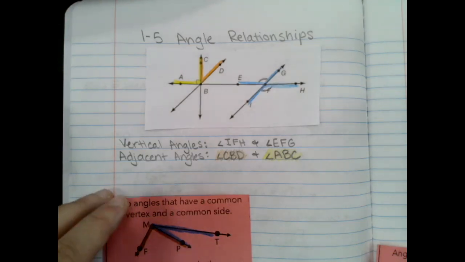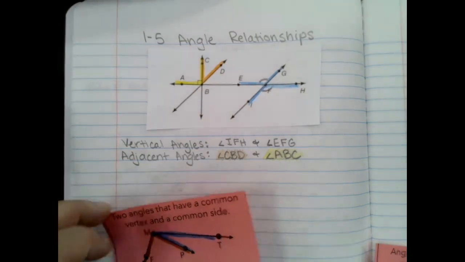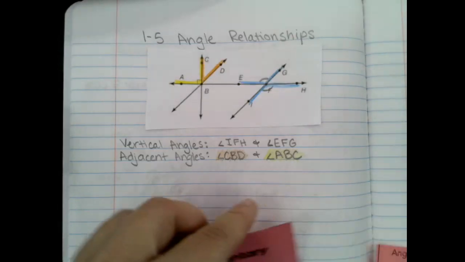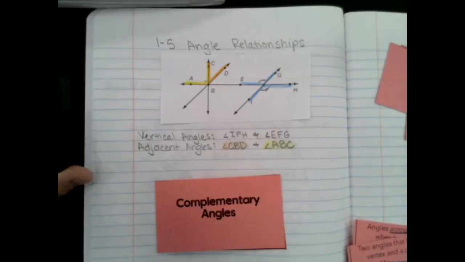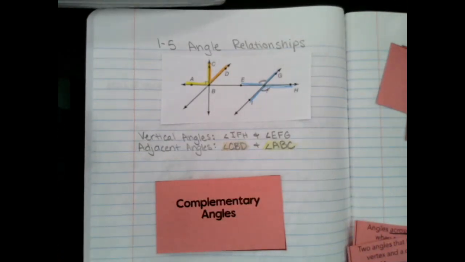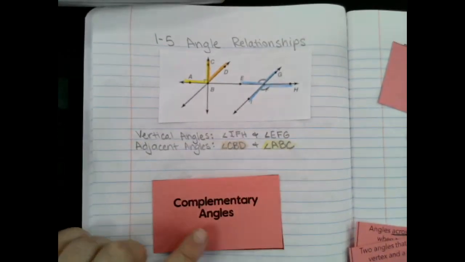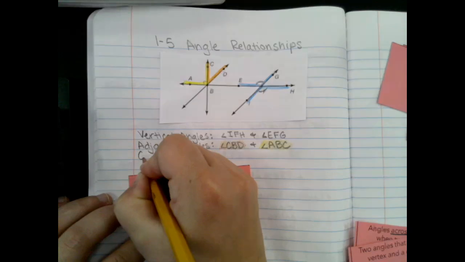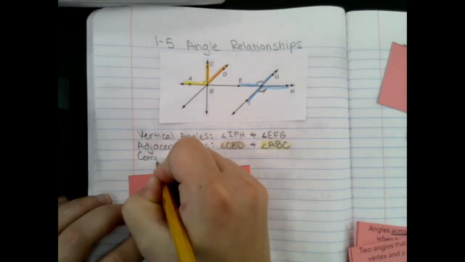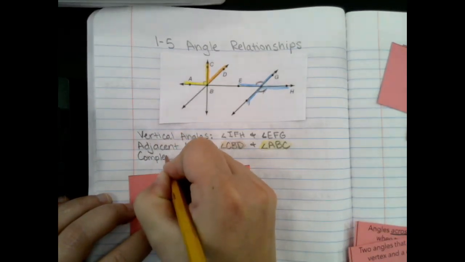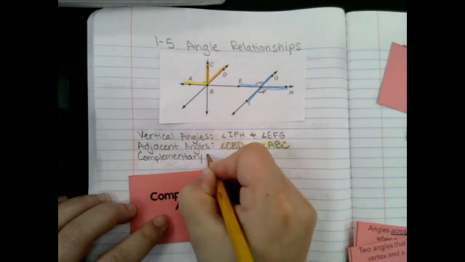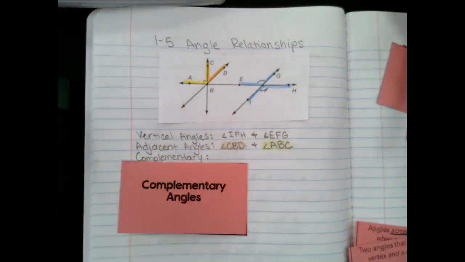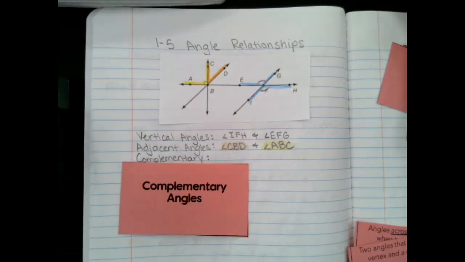All right, let's name a complementary pair. Complementary angles next. So complementary angles means that we have angles that make 90 degrees. And we don't know any of the actual amounts, the actual degrees. Nothing says the amount of degrees things are.